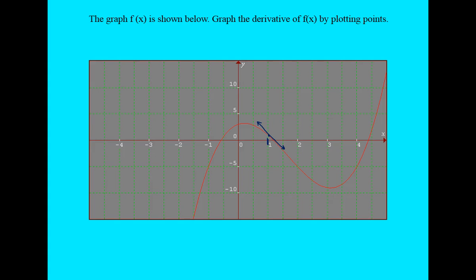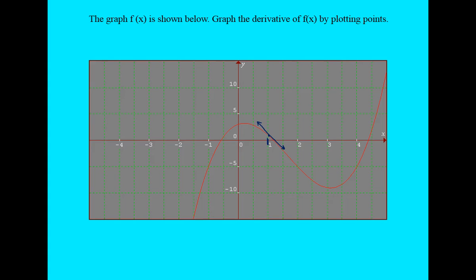Now, just estimating the slope of that line, I would say if I'm going down 1, I'm going over maybe, let's see, a quarter. So I can see the slope of that line is negative.